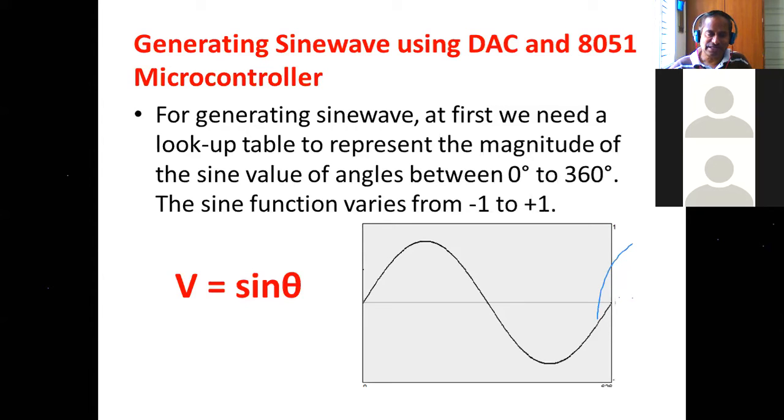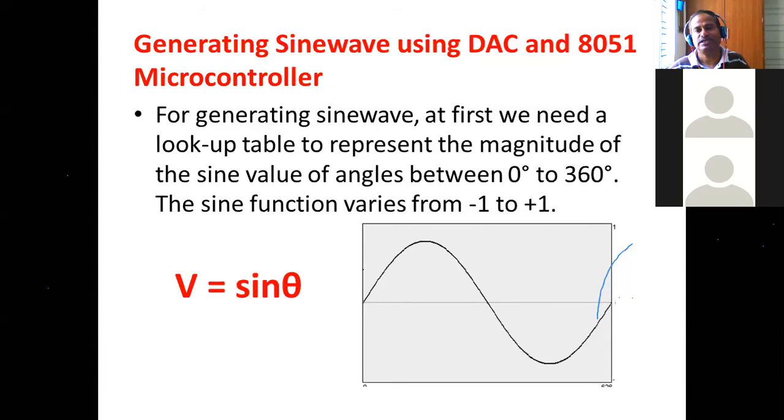So in this example, we use only 12 values. That is, for each 30 degree of theta, means if theta is 0, we get some voltage with 0 voltage. If theta is 30, we get some voltage. We get theta is equal to 60.